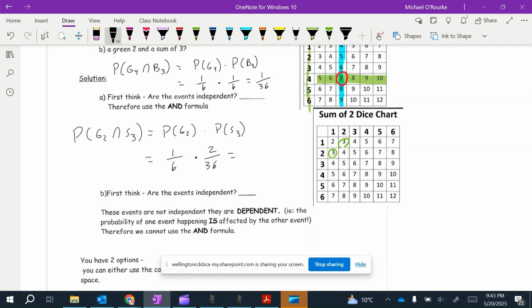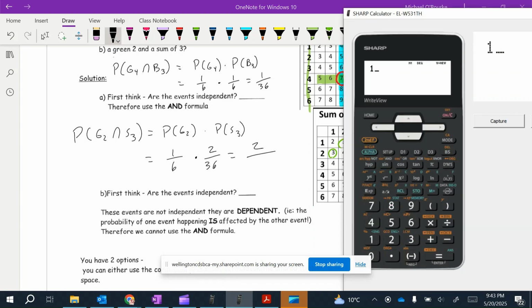So we're going to do a green 2 and a sum of 3. I don't like the way it's looking. It's going to be way too big off the top of my head. 1 over 6 times 1 over 18 is 1 over 108.